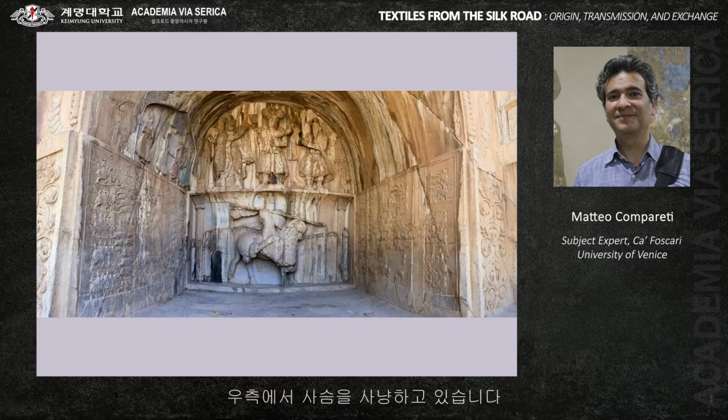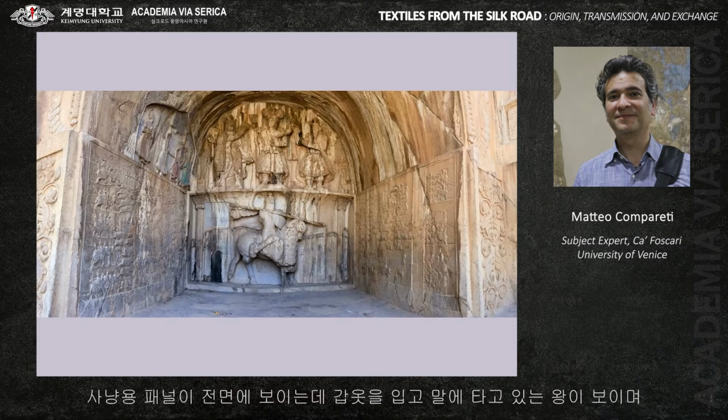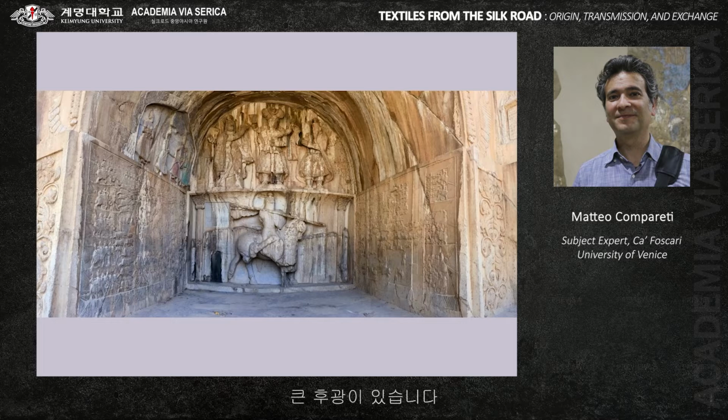In front of us, at the level of the other hunting panels, we have the king wearing the armor on his horse with this large halo. So we could say a divinized king or glorified king. And at the upper level, we have the king between the goddess and the god.